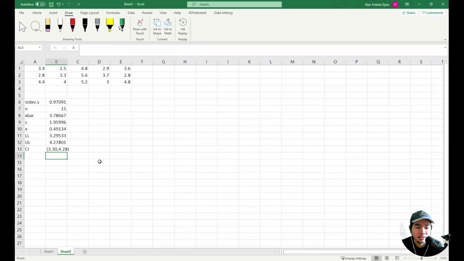Or pwede rin, ang gawin nyo is equals 3.79 plus minus 0.49. Tapos lalagyan natin ng underline to signify plus minus siya.